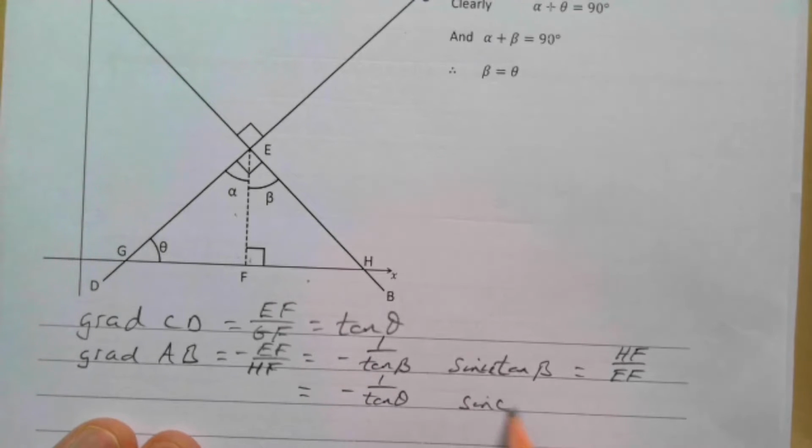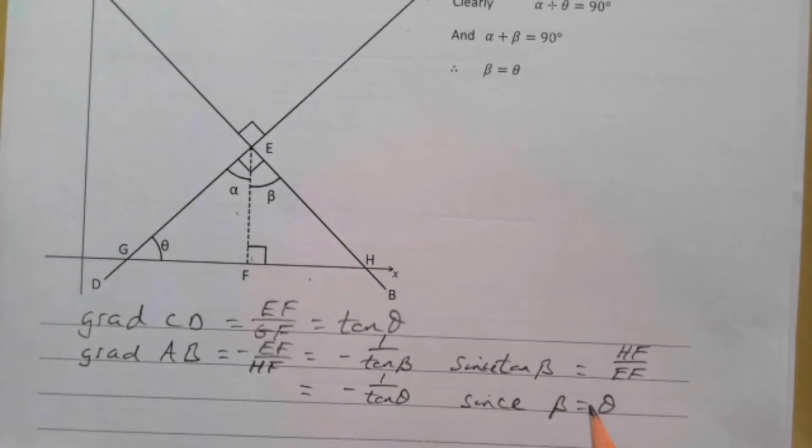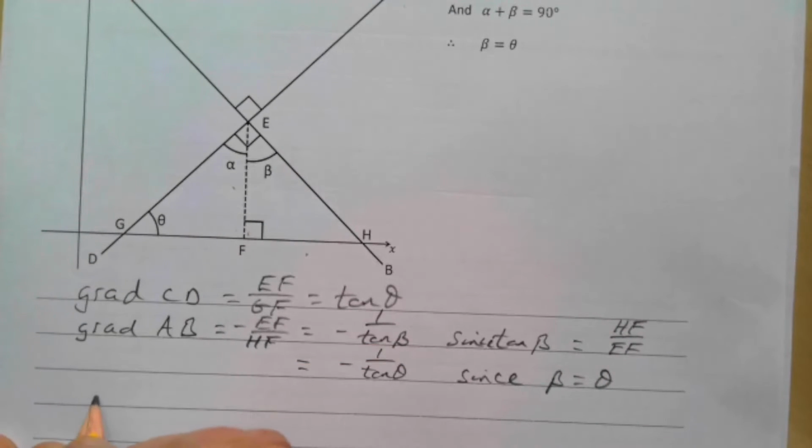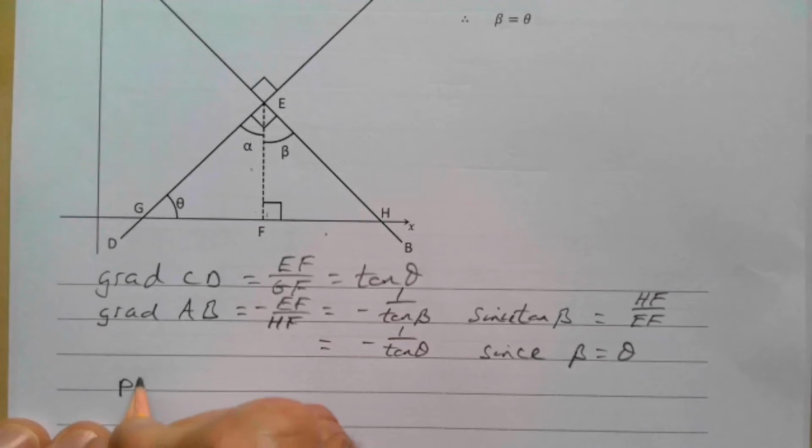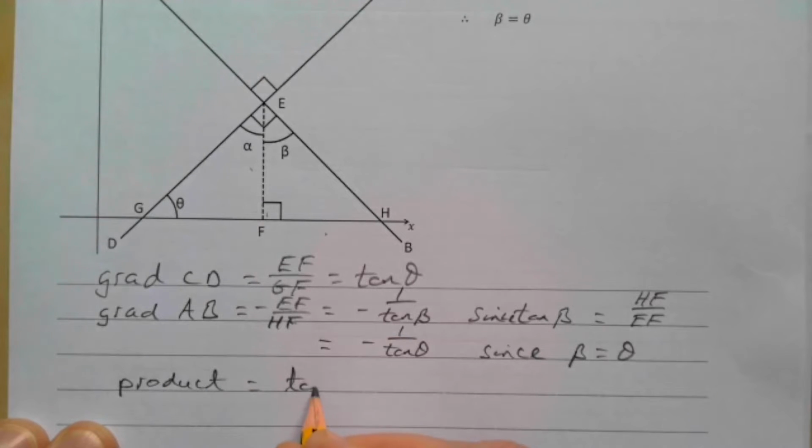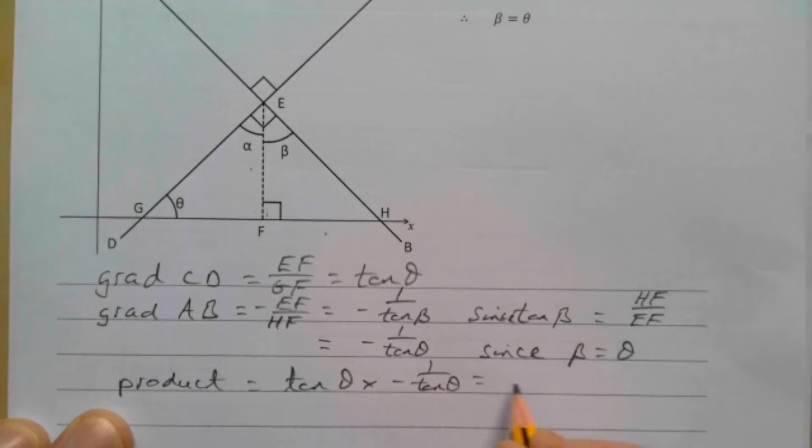Let's write that in. Beta equals theta. The product then, tan theta multiplied by minus 1 over tan theta, is minus 1. So what have we found out?